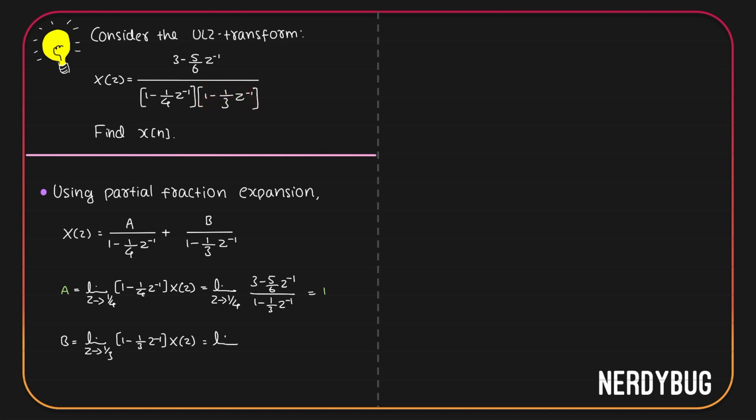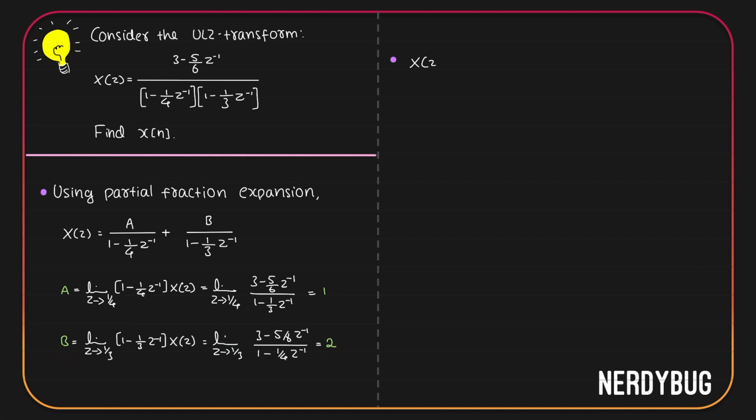So we get the limit z tends to 1 by 3 of (3 minus 5 by 6 z inverse) divided by (1 minus 1 by 4 z inverse). Here z is 1 by 3, so z inverse will be 3. If you substitute z inverse by 3, you will get 2. So the value of B is 2.